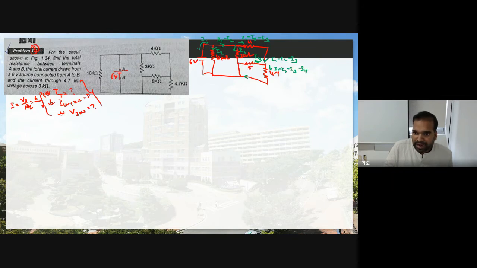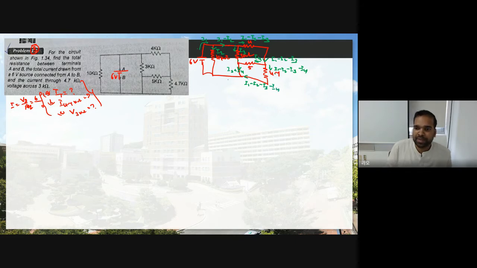Here, I3 current is coming here, and I4 current is coming here. These two currents will add. Therefore, I3 plus I4. Now what current is coming here? I1 minus I2 minus I3 minus I4.